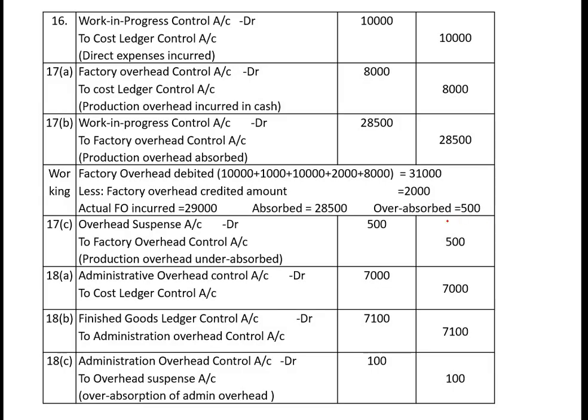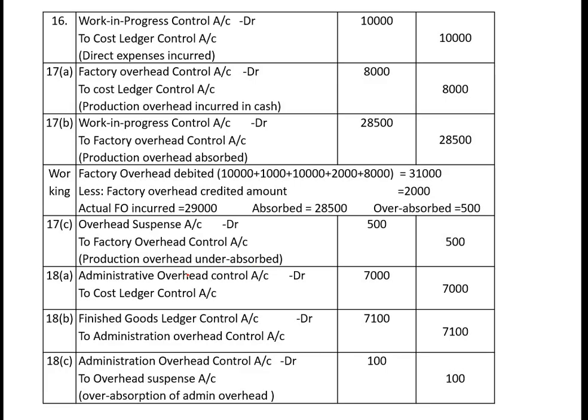It means to say there is over absorption of 500. So how we will pass this journal entry of our absorption of 500 in this case? So the third entry of this one will be overhead suspense account debit to factory overhead control account to make the balance of our factory overhead control account ledger. So 500 and 500. So this is production overhead over absorption.